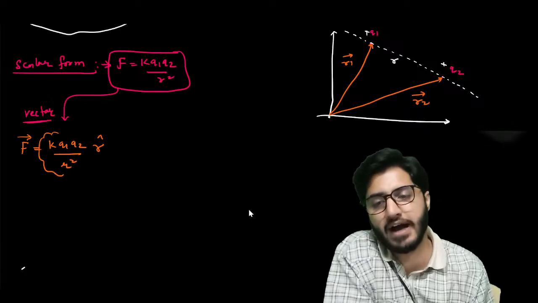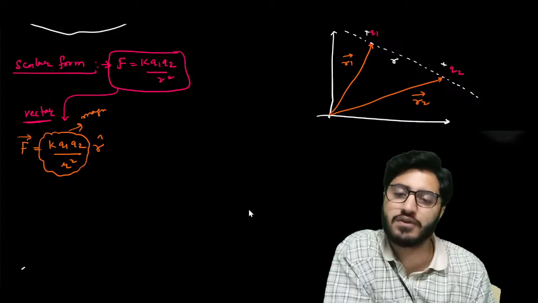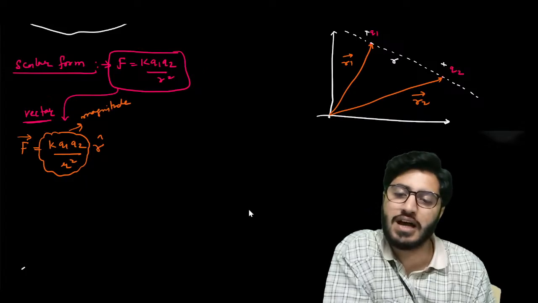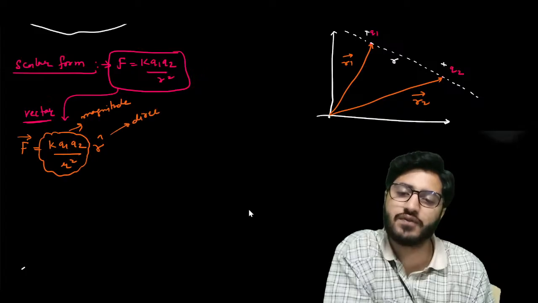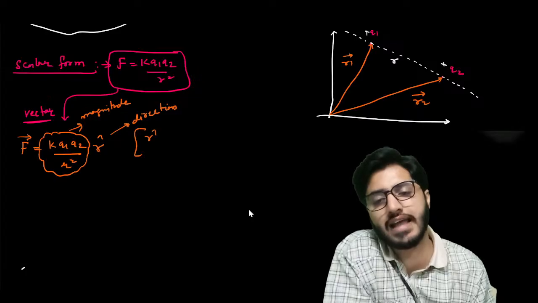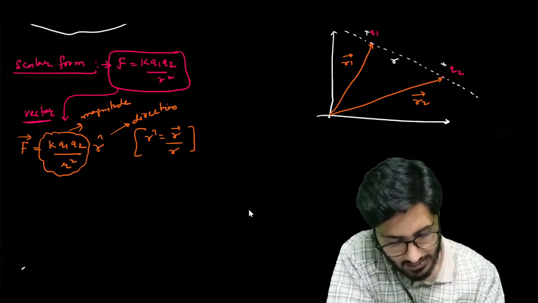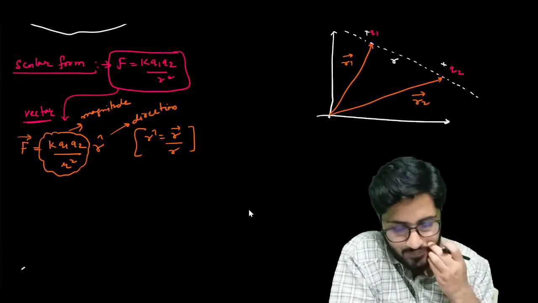This one shows magnitude, and this one shows direction. That's why we are taking this. And one more thing, R cap is equal to R vector divided by R magnitude.